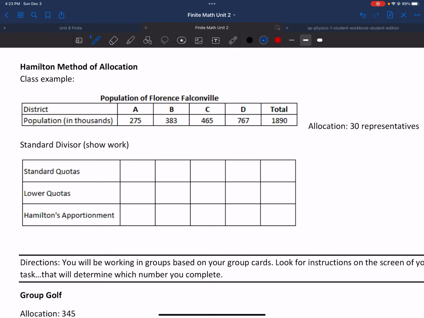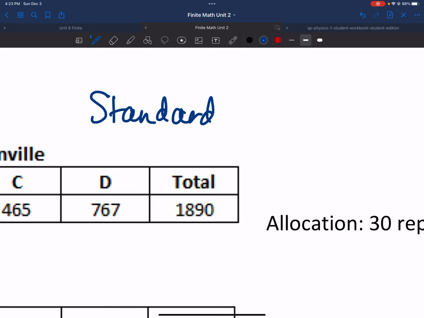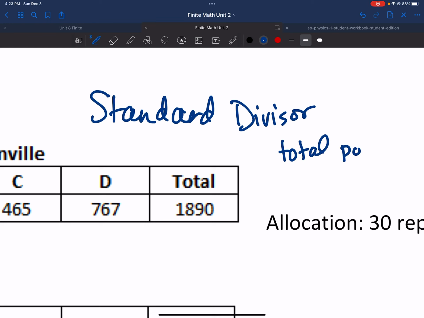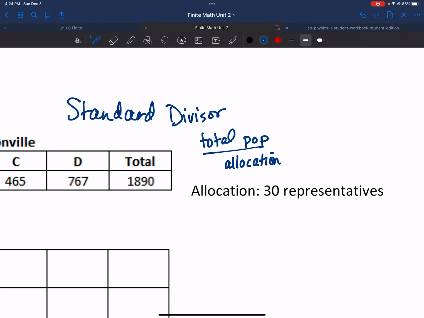And we have talked about a standard divisor earlier before this. Our standard divisor is equal to our total population over our allocation. Okay, so in this case, we have our total population of 1890 and our allocation of 30 representatives, so divided by 30.